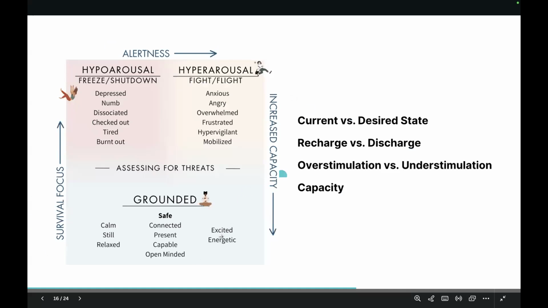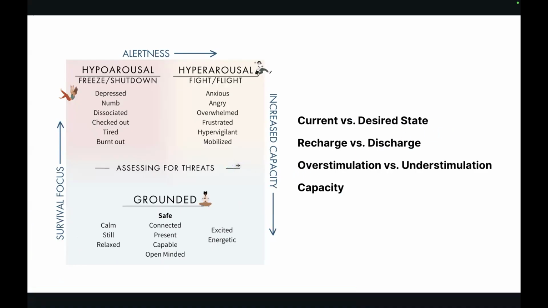Going back to the nervous system diagram, this is what I'm picturing when somebody's talking to me. I want to know, what is their current state? What is their desired state? A big thing, any state could be the correct state. It's just, is it most helpful to you right now? So when somebody's talking, that's what I'm keeping in mind.